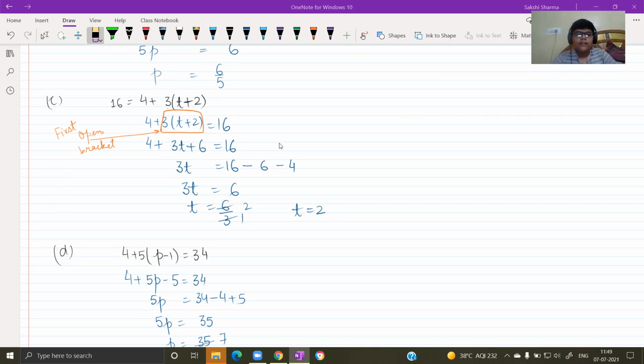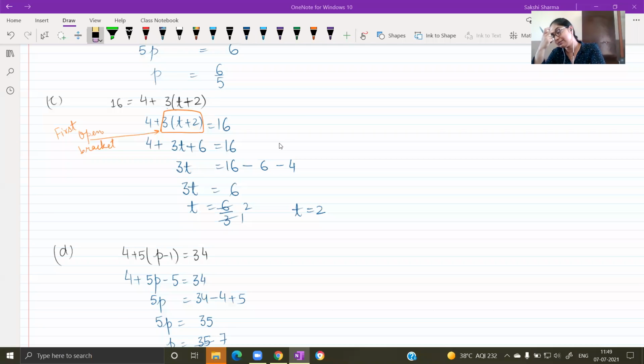First I did 4 plus 3t plus 3 multiplied by 2. 3 multiplied by 2 will be 6. Then 70 plus 6. How come 70? 4 plus 3t will not be 70. 4 and 3t cannot be added; they are unlike terms. You cannot add them.